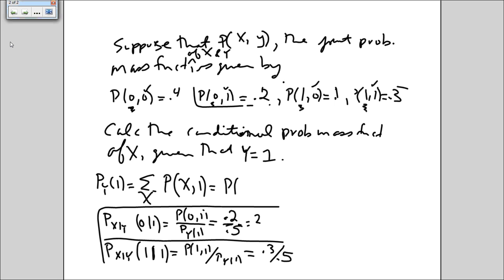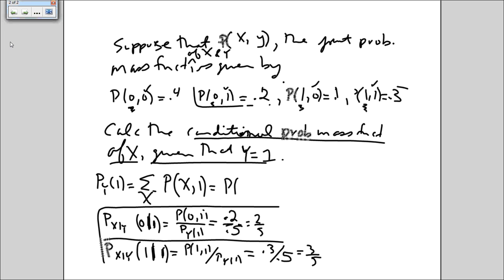So here I get 2/5, and on the bottom I get 3/5, and the problem's done. I found the conditional probability mass function of x given that y is 1: we find P of x equaling 0 and P of x equaling 1, in both cases given that y is 1.